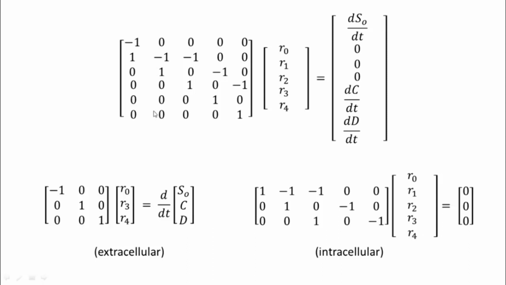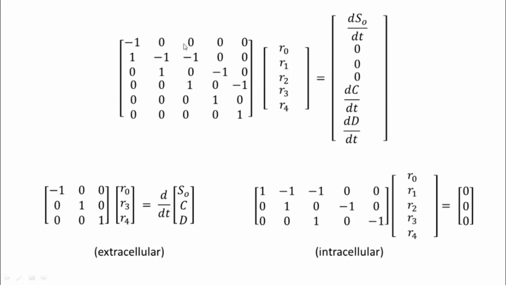The extracellular part is this, -1, 0, 0, 0, 1, 0 and 0, 0, 1, corresponding to R0, R3 and R4, and they correspond on this side to d dt of S0, C and D, whereas intracellular, which corresponds to A, B and C, which are actually 0 here, can be taken from this particular ABC part of the stoichiometric matrix.